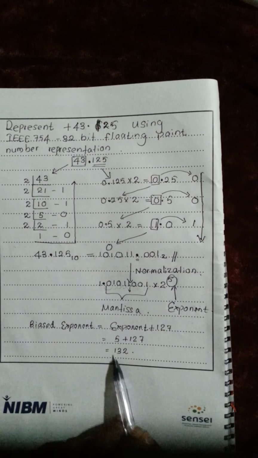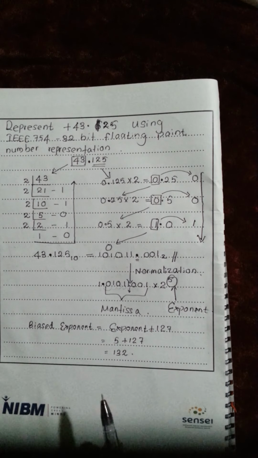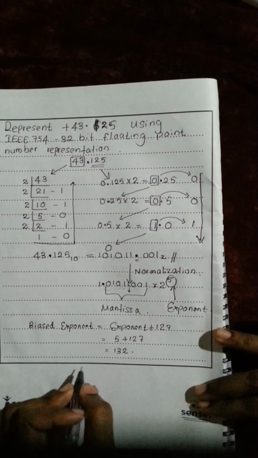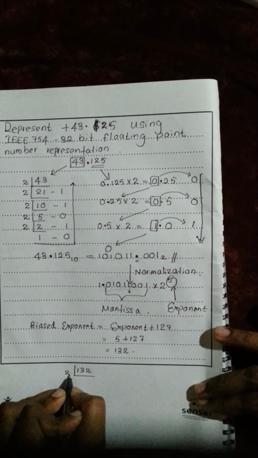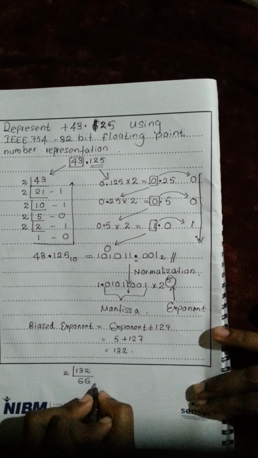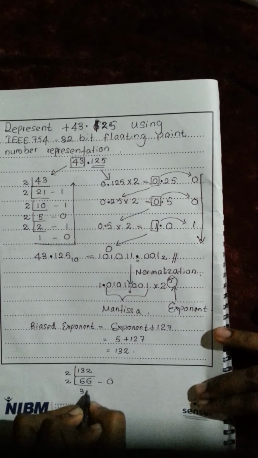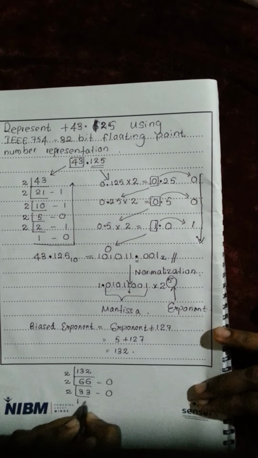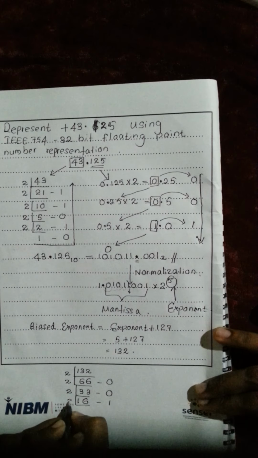We can't store this 132 in our computer because this is in decimal version. Therefore I have to convert this into binary now. I divide by 2, I get 66, and 0 is remaining. I divide by 2, 33, and 0 is remaining. I divide by 2, I get 16 and 1 is remaining.